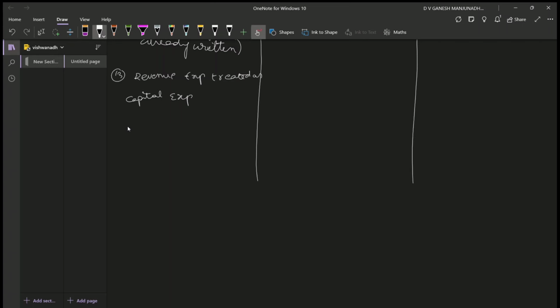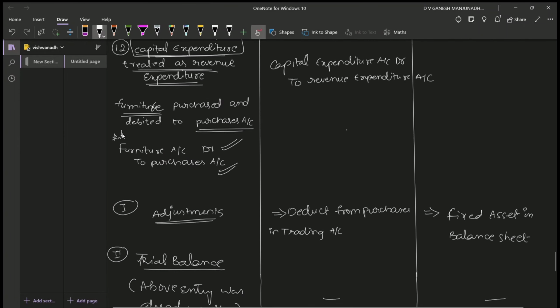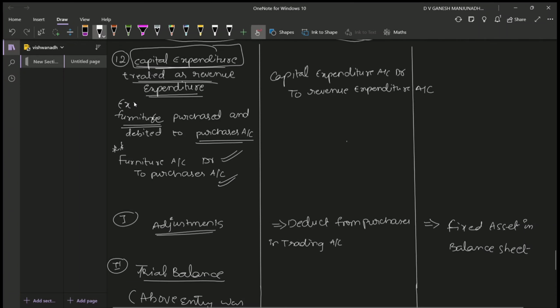We would be reducing the capital expenditure and increasing the revenue expenditure. The normal entry would be revenue expenditure account debit to capital expenditure account. This would be the normal entry, but for this we are going to take an example.